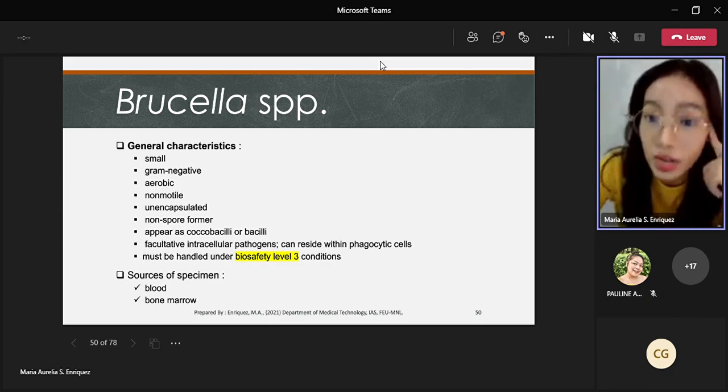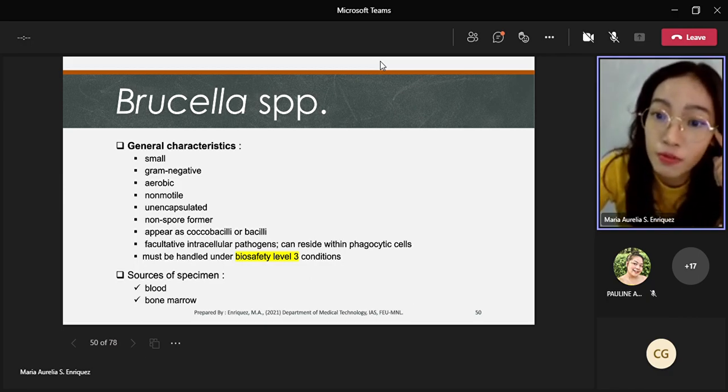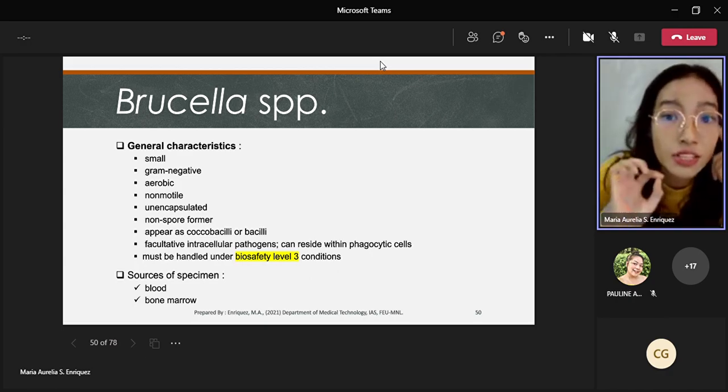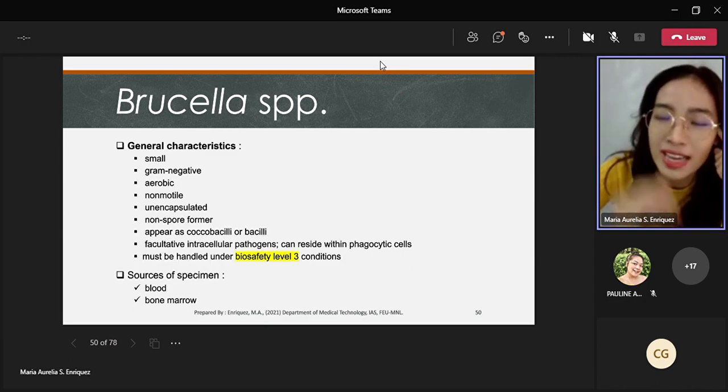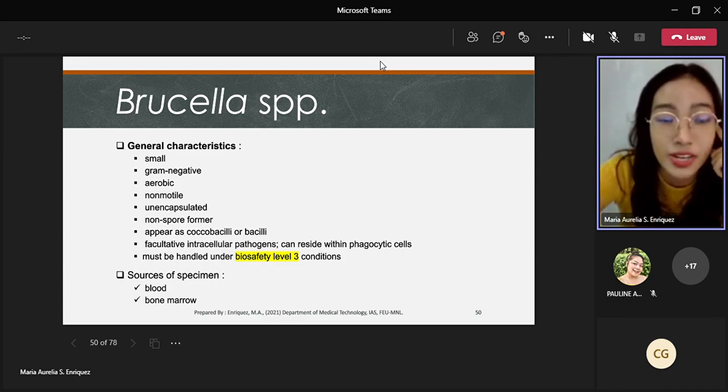So they're also non-encapsulated, they're also non-spore forming, and they must be handled at a biosafety level 3 setup because, again, this organism could potentially be a bioterrorism agent, specifically a Class B bioterrorism agent.